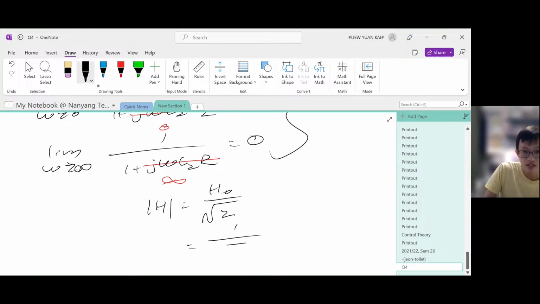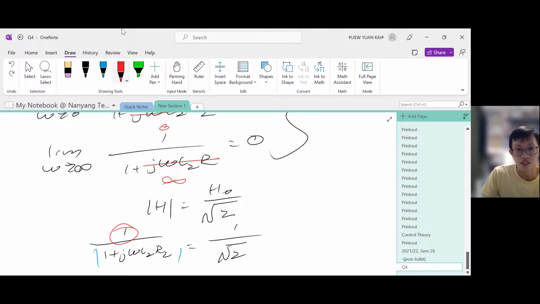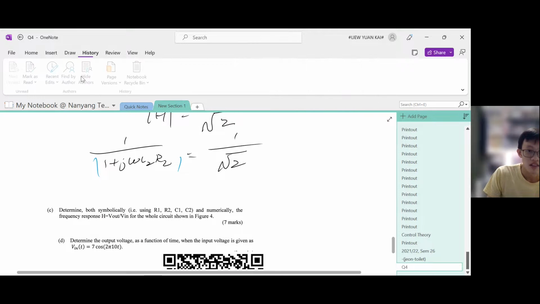Then H is 1 over 1 plus j omega C2 R2. Then I can split this modulus. Modulus of 1 is just 1. Numerators are the same, so I can equate denominators.